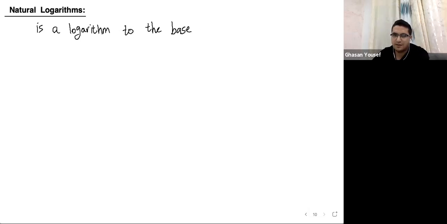This is the difference from the common logarithm. Do you know what e means? What's the value for e? It's not 10, no. It's between 1 and 2. I mean, it's between 2 and 3.